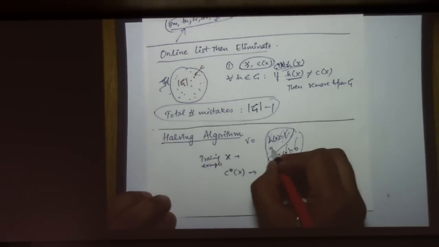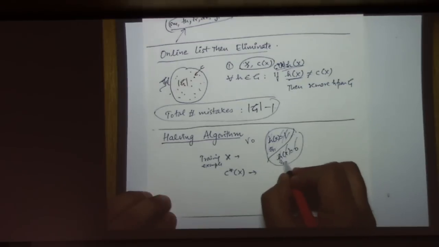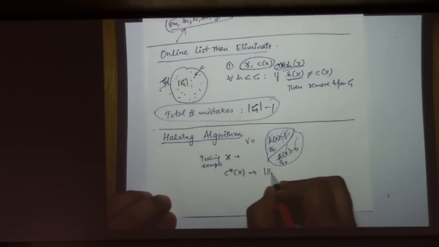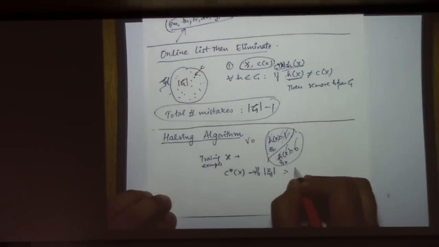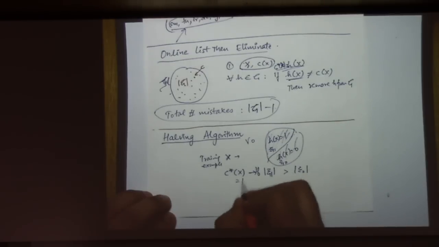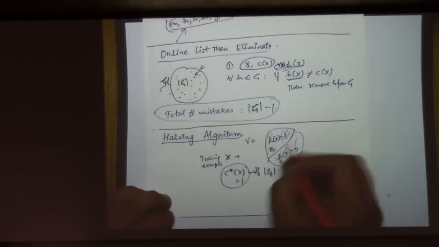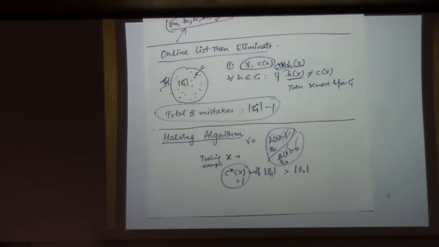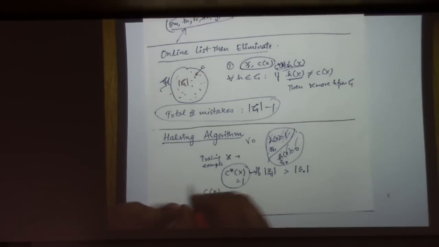So let's call this and this. If this is greater than this, then the prediction will be 1, because this side is bigger, and so on. And then you look at C of x. This is the actual label.